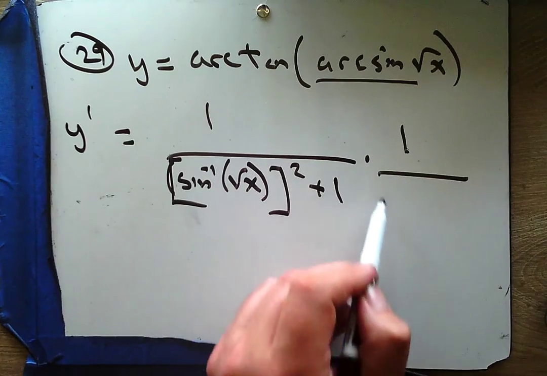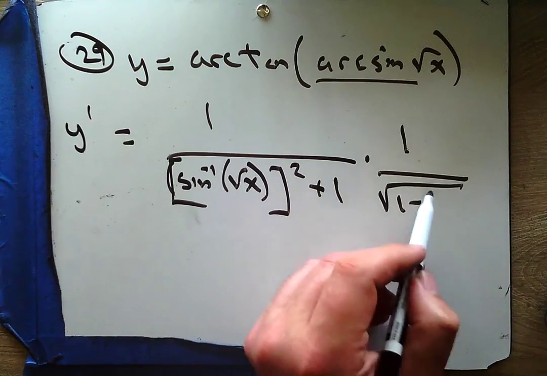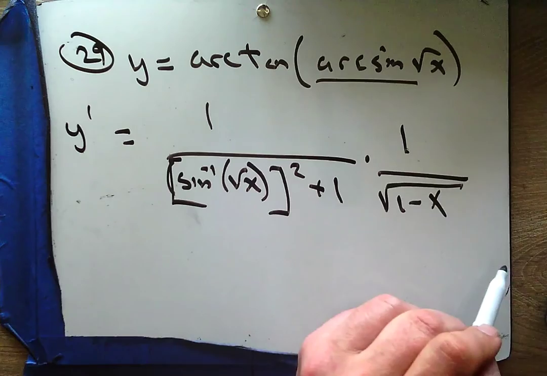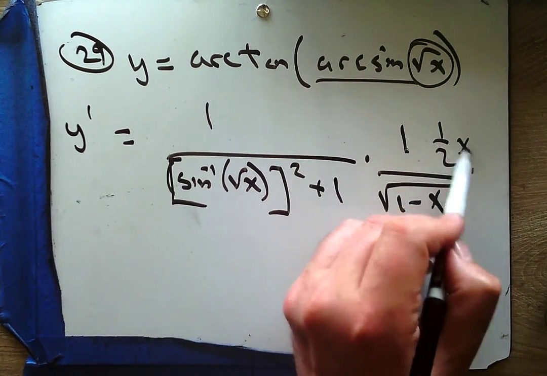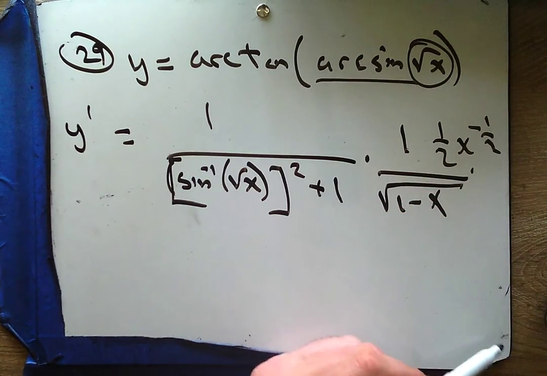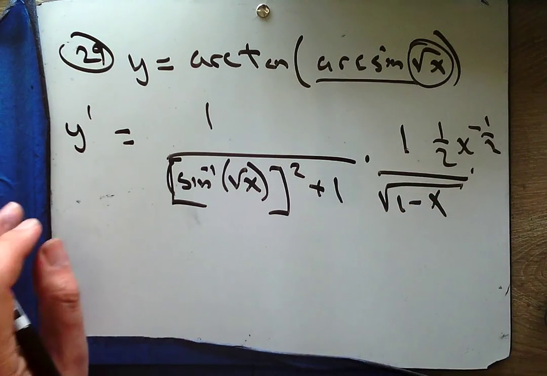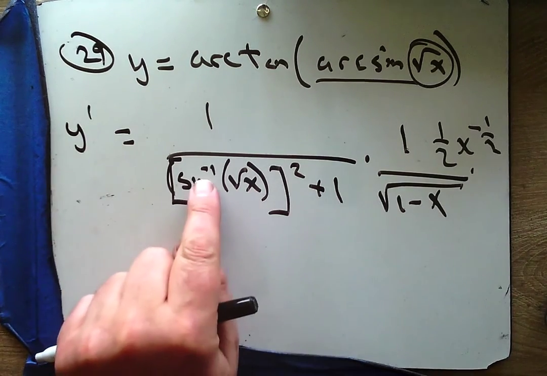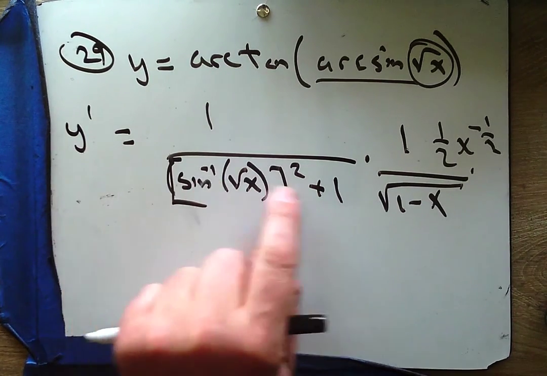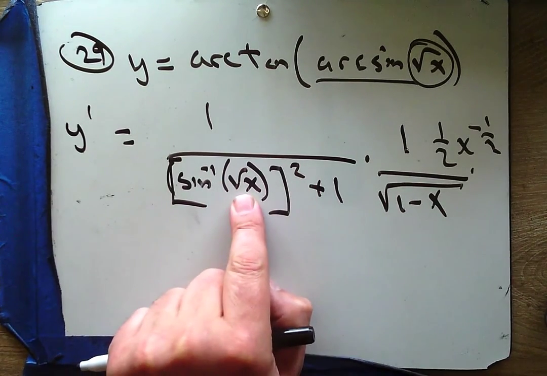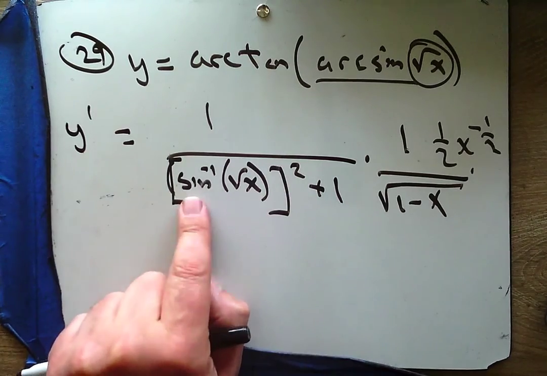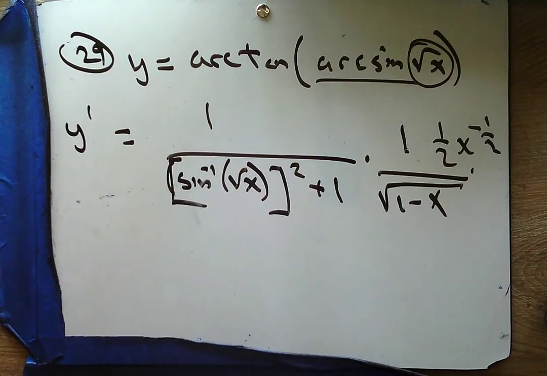So that's 1 over square root of 1 minus square root of x squared is x times the derivative of that innermost, which will be 1/2 x to the minus 1/2. Yeah, so that's not an exponent, so don't make that to the negative 2 power. And that doesn't affect this, that is affecting this. So you just leave it alone and walk away. Please, quickly. All right, 30.